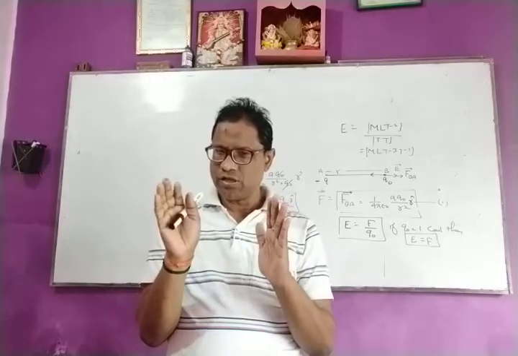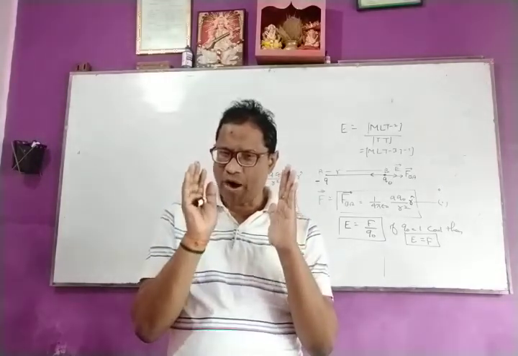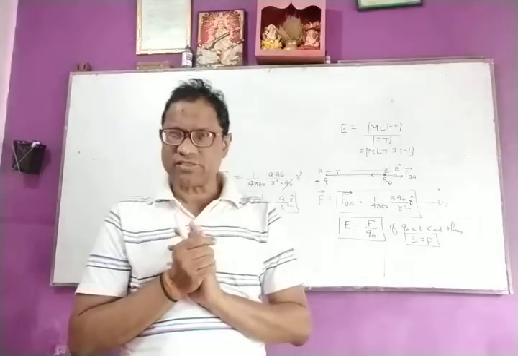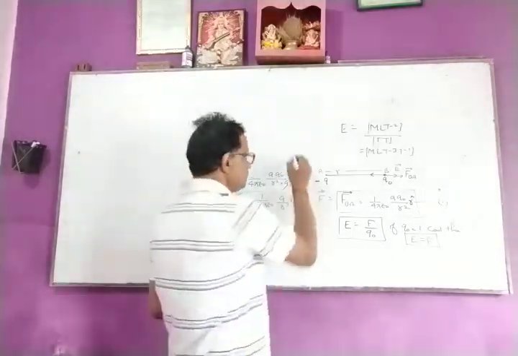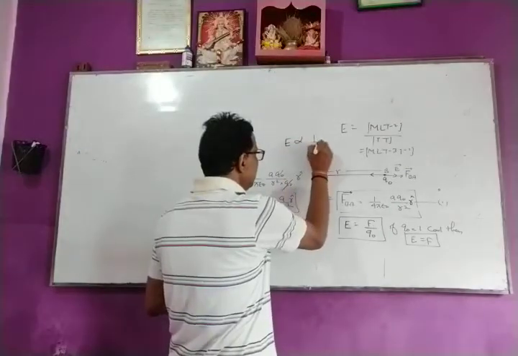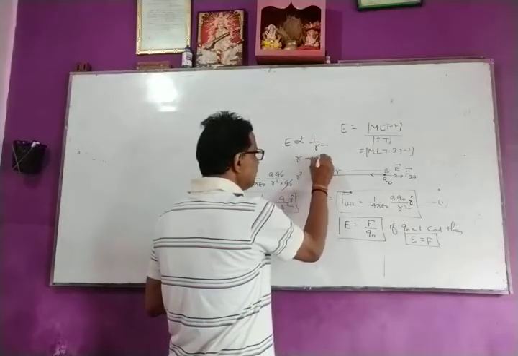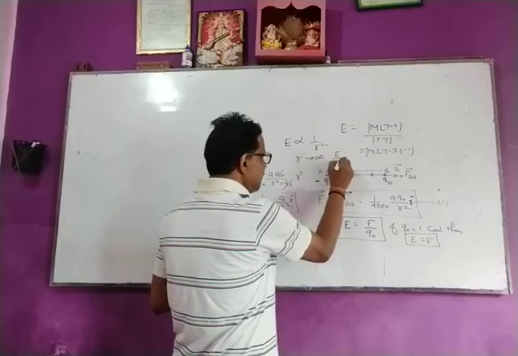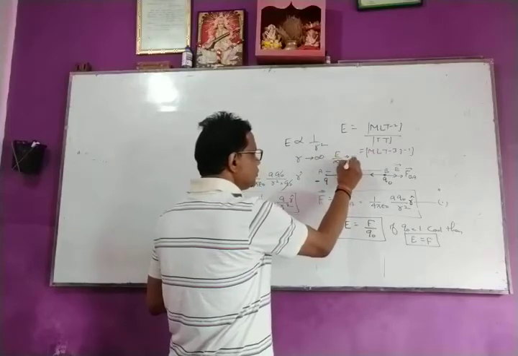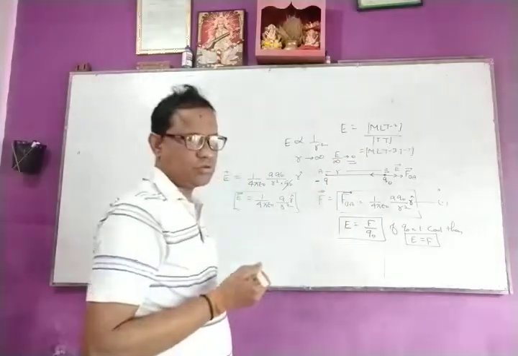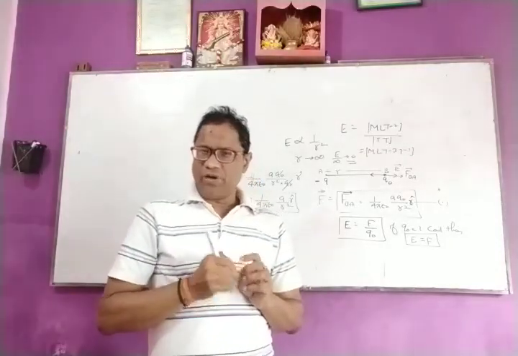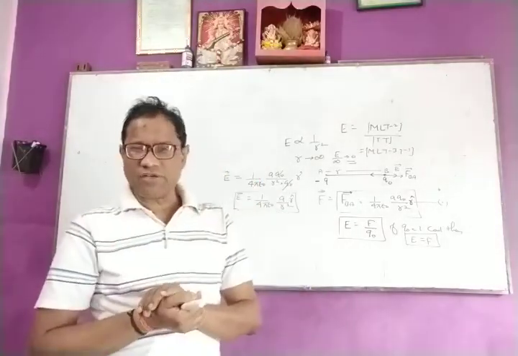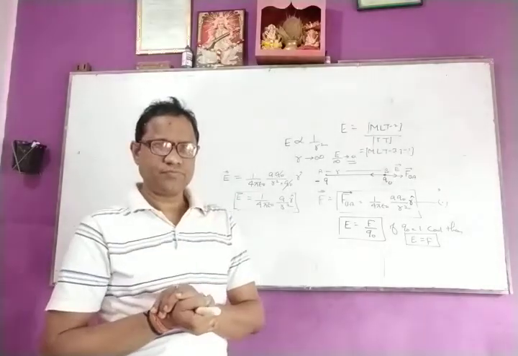E is proportional to 1 by r square, so as r tends to infinity, E tends to 0. Thus, the electric field due to a point source charge has infinite range.